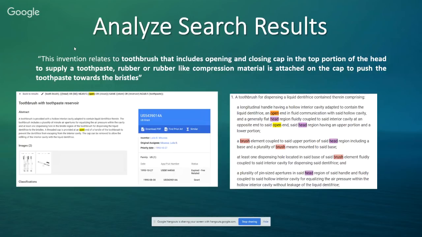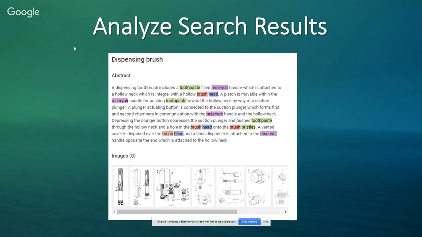Rather, what we can understand is that it has got everything except the other search terms that we have included here, which is the use of rubber or rubber-like compression material.